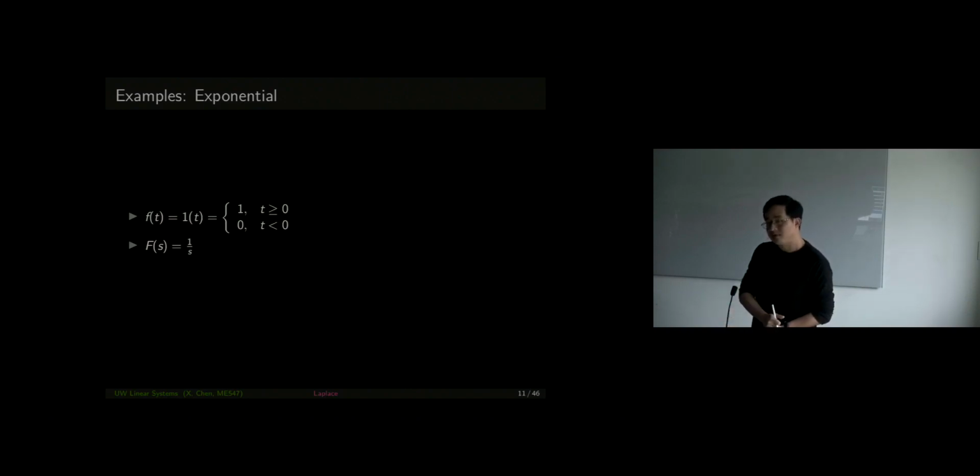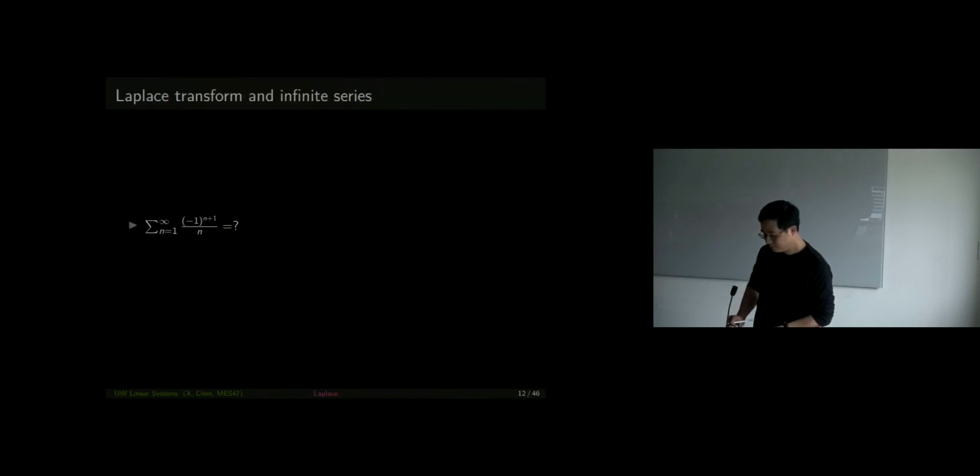Any questions so far? So let's now look at this one. How can the Laplace transform help with this infinite series over here? The way to look at it is actually as follows. We know that 1, the step function, relates to 1 over s.